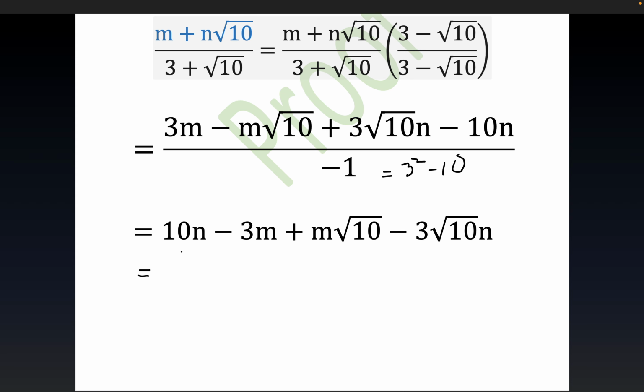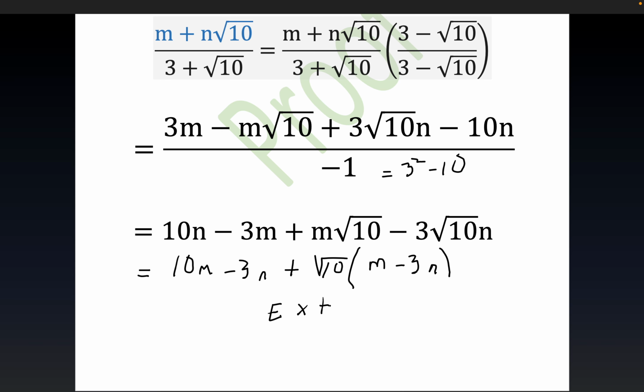We got an integer right here plus, if we take root 10 out of here, what we get is root 10 times (m minus 3n). So you see this is in the form, I'll just go ahead and complete right here, 10m minus 3n. So you see this makes this object an extended integer, okay?